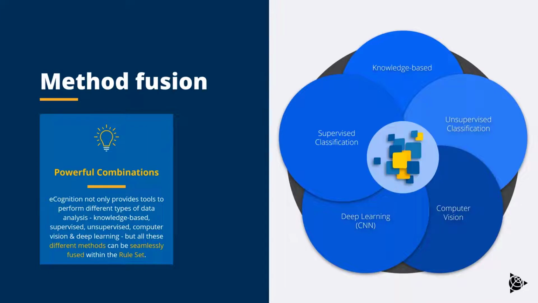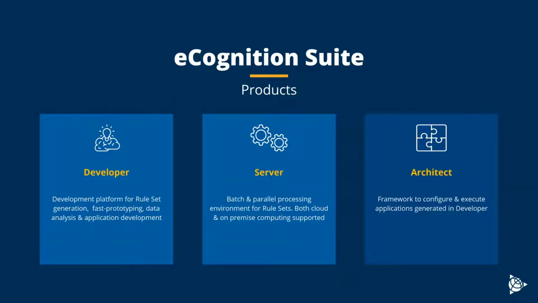Finally, what are the different products that compose this eCognition suite? We'll start with the 2 major ones. First of all, Developer. That's really the heart of eCognition. That's our development platform. You create these rule sets. A rule set is that set of algorithms or rules that make up the automated workflow. Very powerful in combination with eCognition Server, which opens up the world of batch processing to you.